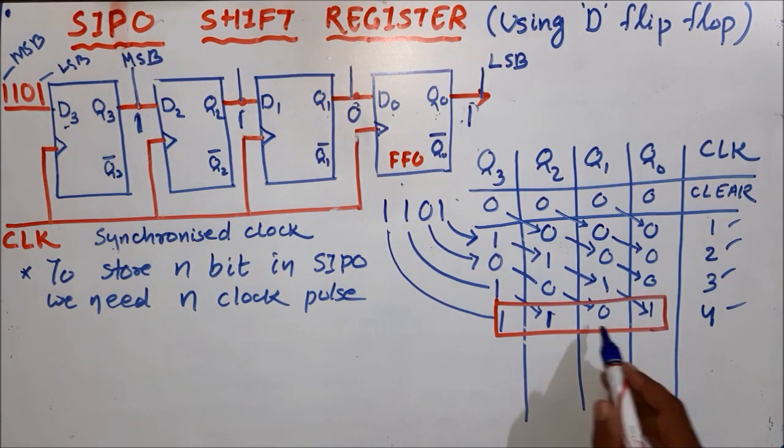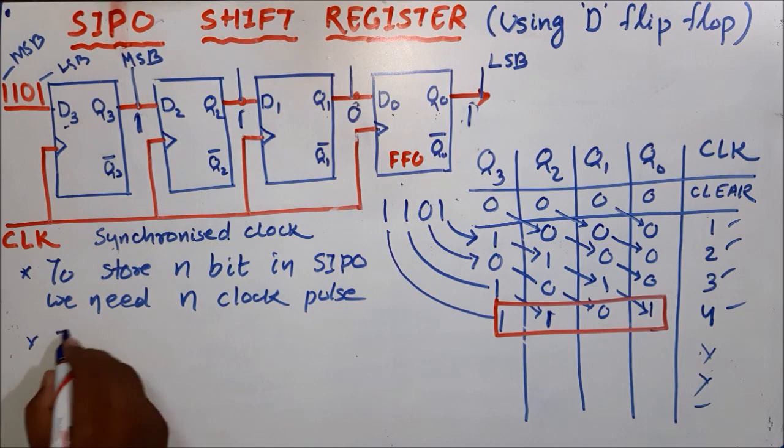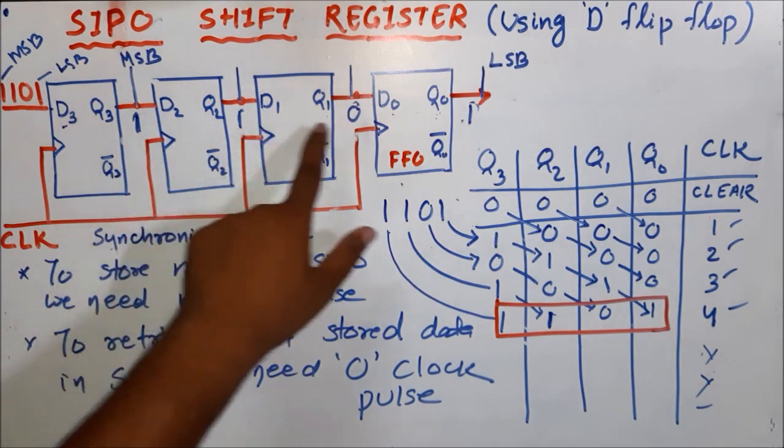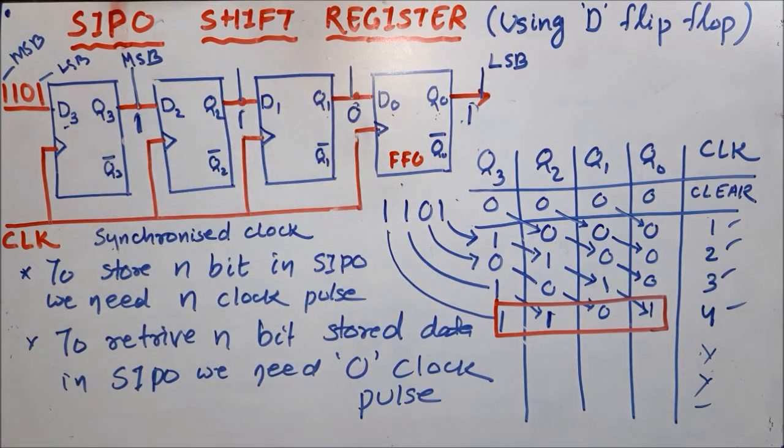To retrieve this we do not need any more clock pulses, as our data already occupies these output places and we are taking it directly from there. So to retrieve n-bit stored data in SIPO, we need 0 clock pulses. This is all about the serial input, parallel output register.